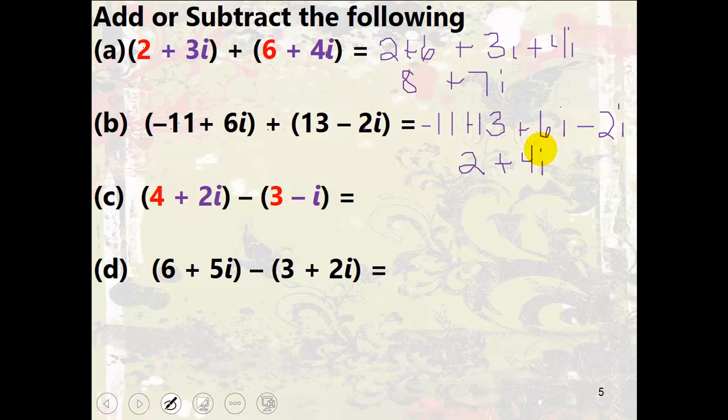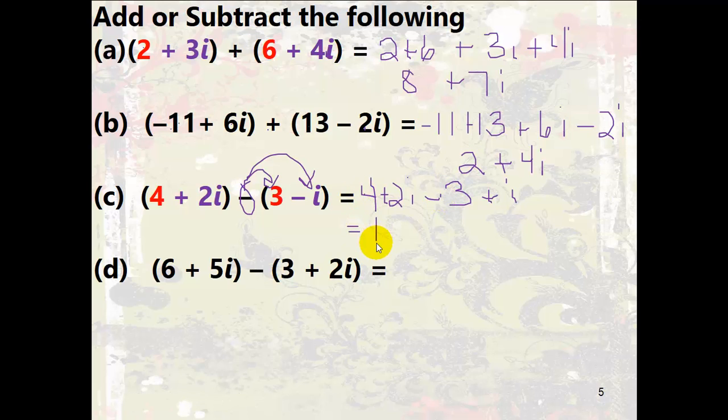All right, now I'm going to demonstrate a subtraction. I'm going to distribute this negative sign first. So I'm going to rewrite my first complex number, and then I'm going to distribute the negative. So I get minus 3 plus i. Now I'm going to combine my constants. 4 plus a negative 3, that's 1. 2i plus one more i, that's positive 3i. Right?